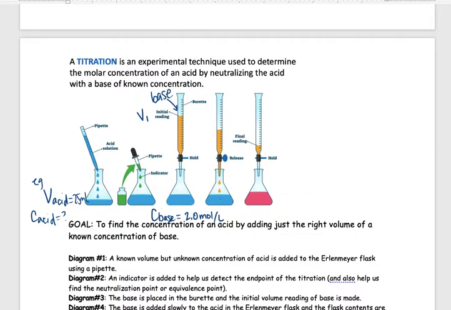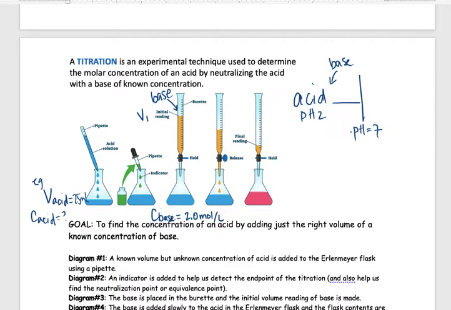Remember, you're going from an acid, and you're adding a base in, so that acid is slowly going to neutralize itself. You can have a pH of 2, and then slowly we're trying to get to a pH of 7.